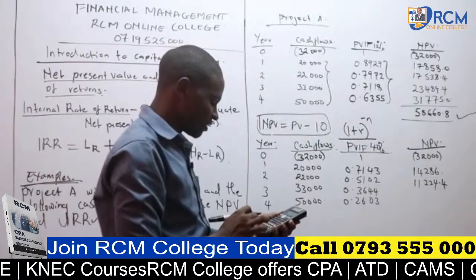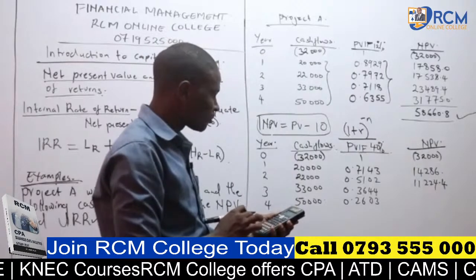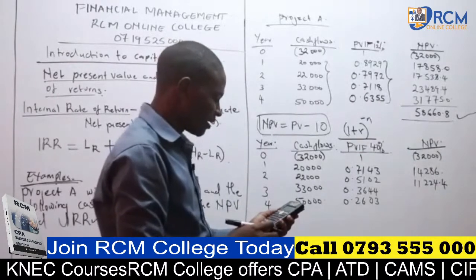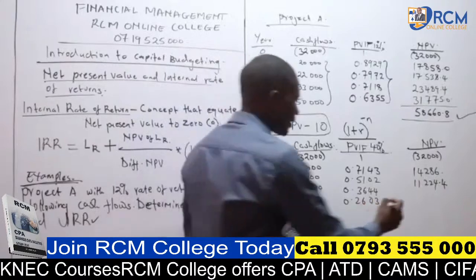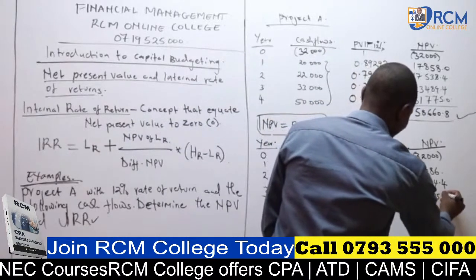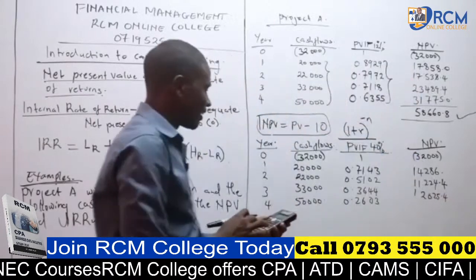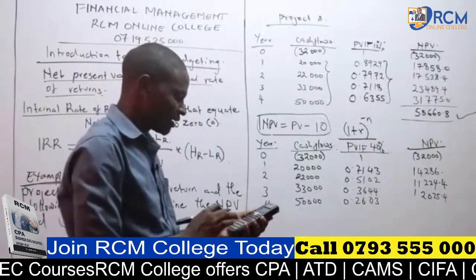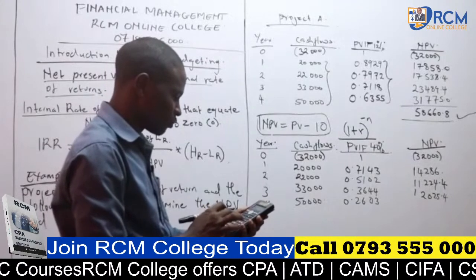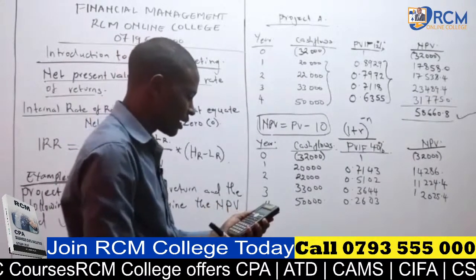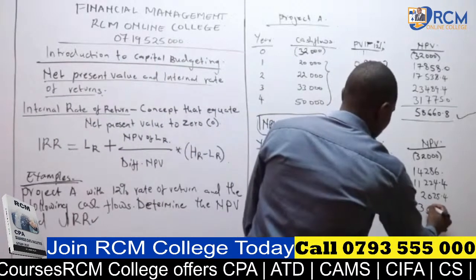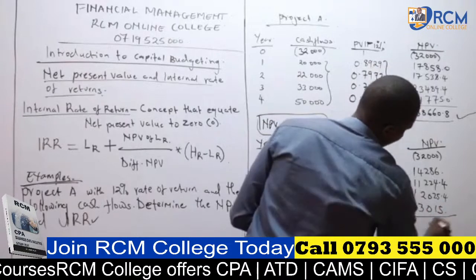And then I have 33,000 times 0.3644. This one also has refused to give us a negative, no worries. 50,000 times 0.2603, we must do it, and then see how much it will remain: 13,015. But at least we have reduced this.